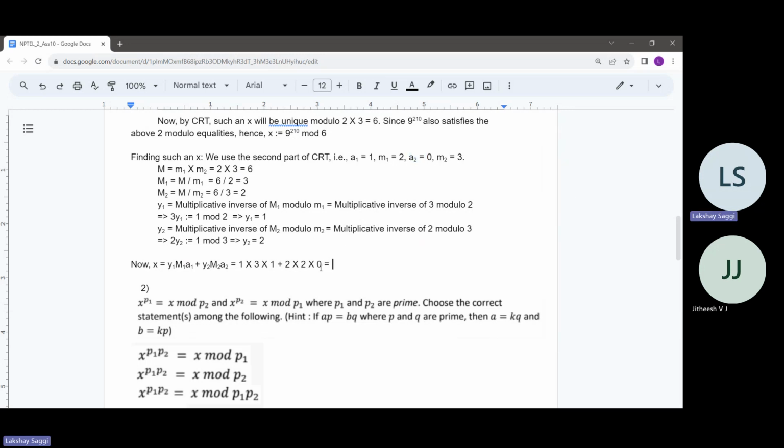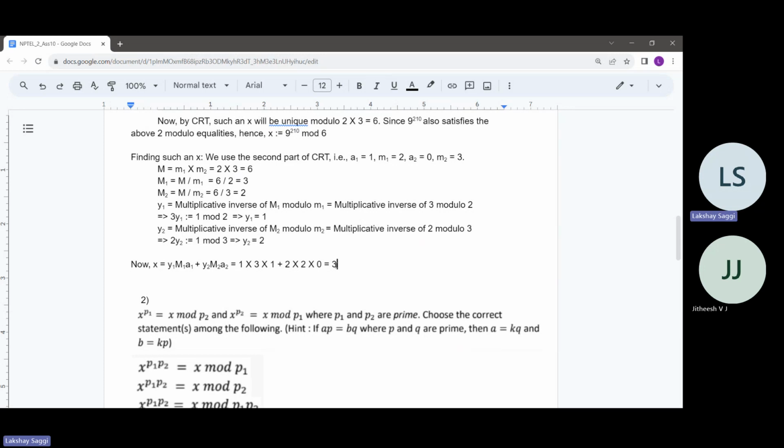So 2 times 2 times 0 is 0, and 1 times 3 times 1 is 3. So x is actually equal to 3. What we essentially obtain is x equals 3.